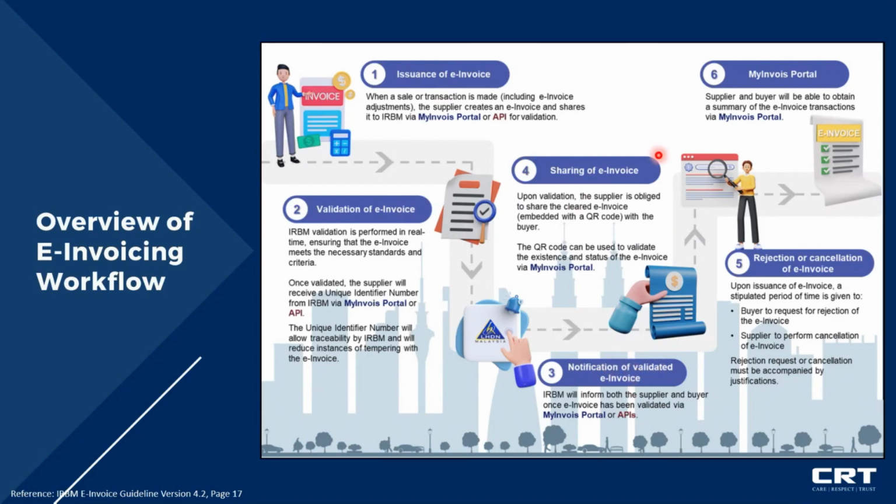Then you will need to share this e-invoice information with your client. And if there is any rejection or cancellation, it is required to be done on the MyInvoice portal, the government portal. So basically it is the seller who shares the information with the buyer.